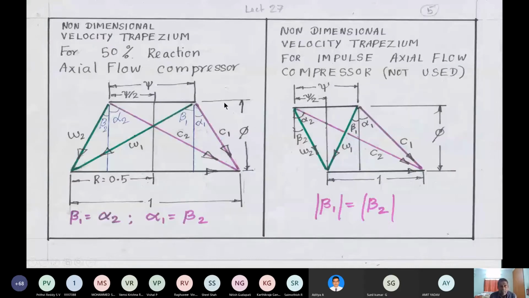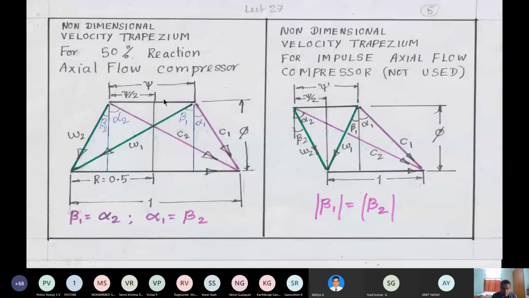Okay, some interesting things about the non-dimensional velocity trapezium. You have two important types of such diagrams. One is for 50% reaction machines, or in this case a 50% reaction axial flow compressor. There the top side is psi, the loading coefficient.